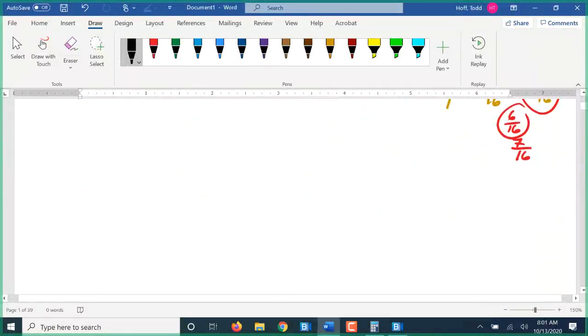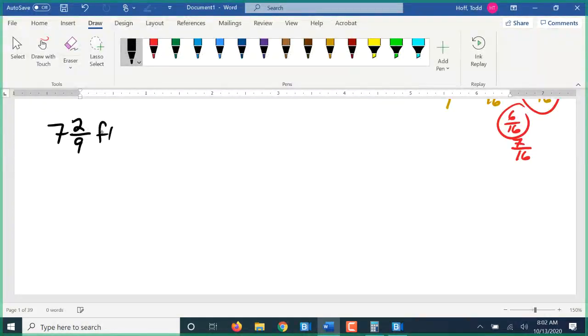We're going to assume for right now that all of these are going to the nearest 16th of an inch, so I don't have to rewrite that. Well, let's take something like 7 and... let's do... 6th won't work really well, will they? Let's do 7 and 2/9 feet.